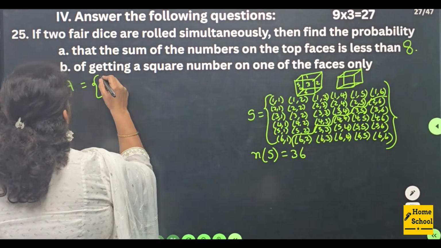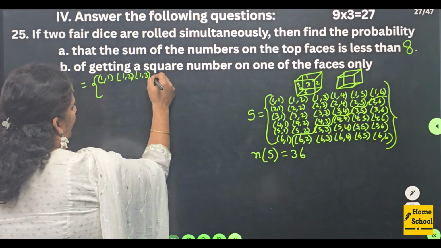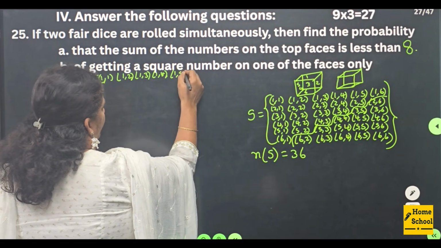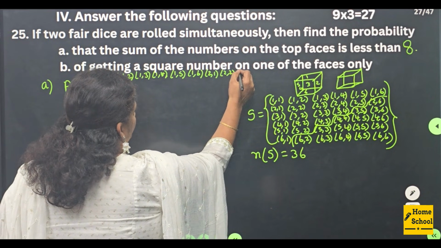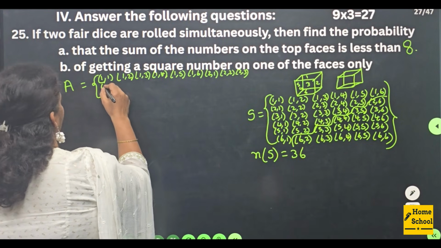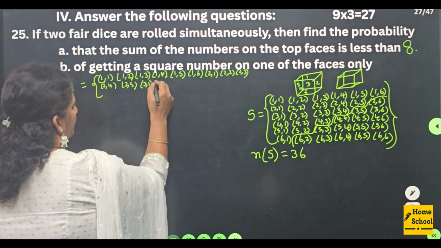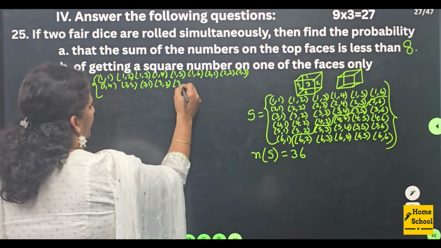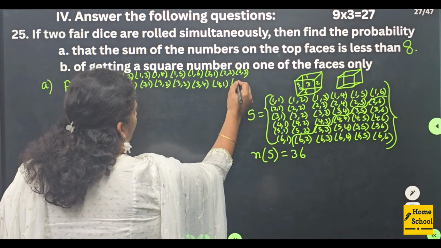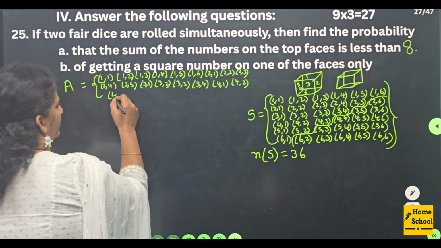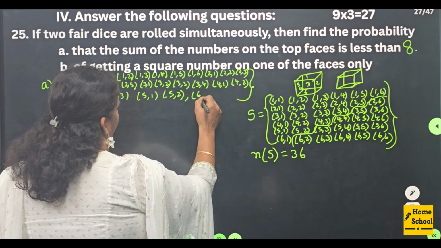Write all these numbers. 1,1; 1,2; 1,3; 1,4; 1,5; 1,6; 2,1; 2,2; 2,3; 2,4; 2,5; 3,1; 3,2; 3,3; 3,4; 4,1; 4,2; 4,3; 5,1; 5,2; 6,1.